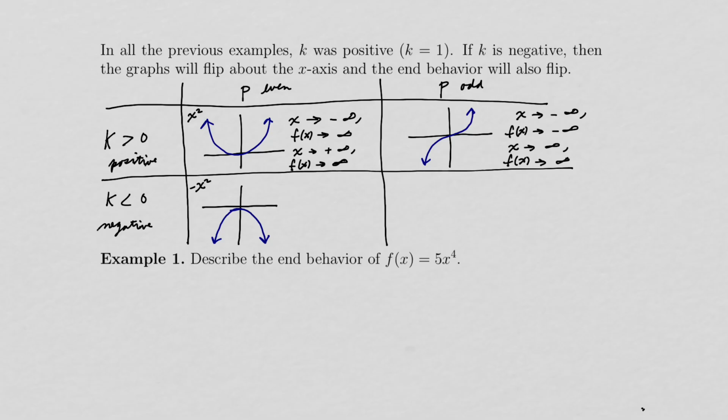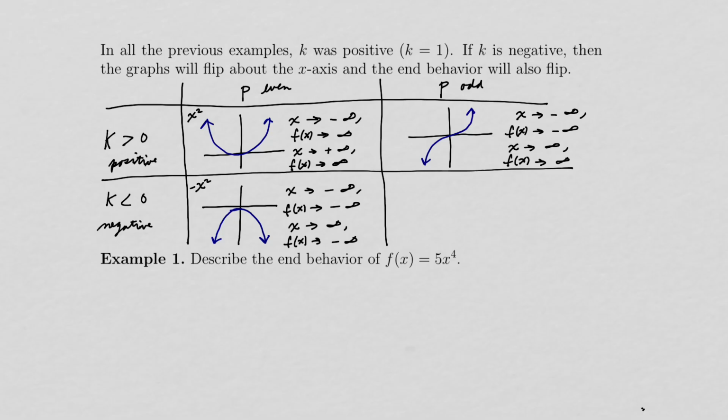So it's the opposite, right? So now as x goes to negative infinity, the function also goes to negative infinity. And as x goes to positive infinity, the function also goes to negative infinity. Right? In both cases, it goes to negative infinity. So it switches the direction. It switches the long-range behavior or the end behavior.